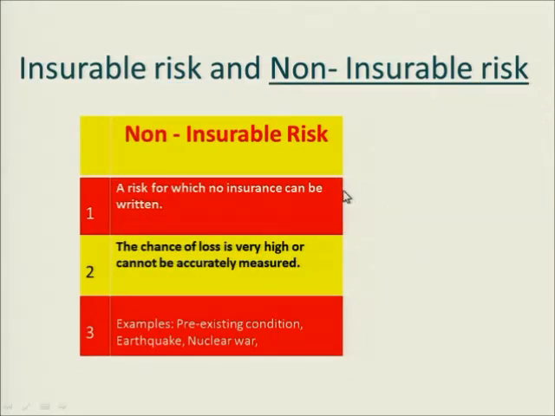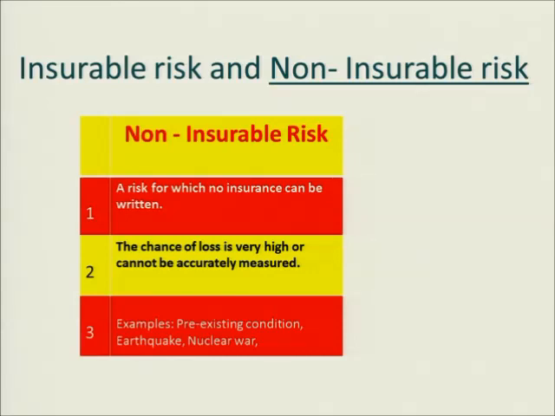Non-insurable risk is a risk for which no insurance can be written. An insurance company may not agree to take out any insurance of this nature. Why? The chance of a loss is too high, or it cannot be accurately measured.